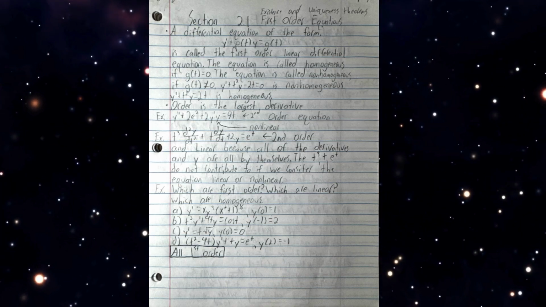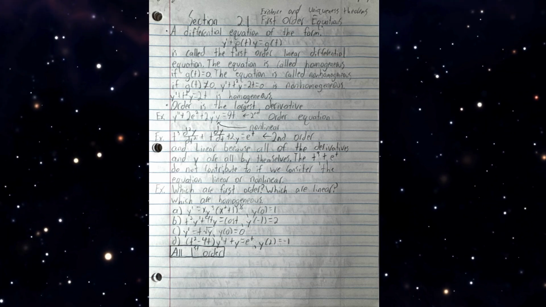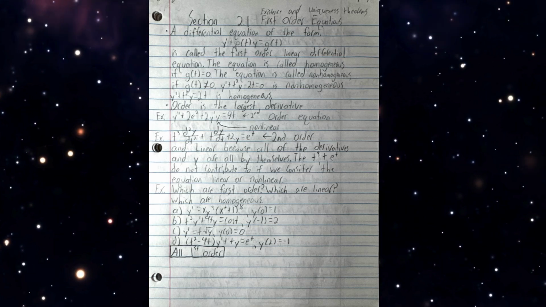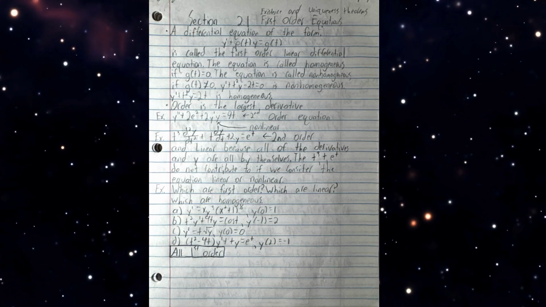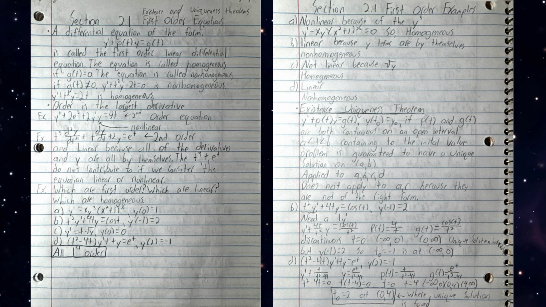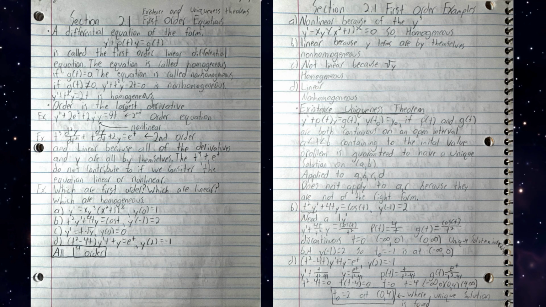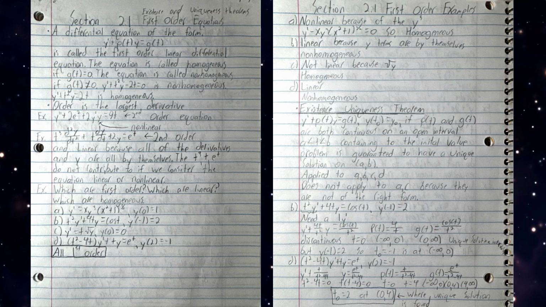If you notice, all of these equations are first order. There is nothing that goes past the first derivative in any of those equations. So, how about if it's linear or homogeneous? Well, in A, we consider that nonlinear because of the y cubed.